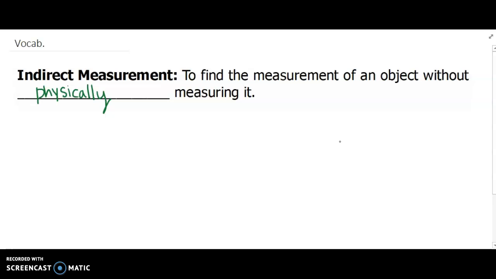Think of people using the shadows of sunlight to estimate how tall something is. That would be an indirect measurement because we're not going up and measuring a skyscraper with a meter stick or tape measure. We would use the sun's shadow to say, oh yeah, that's so many feet high. That would be an example of an indirect measurement.